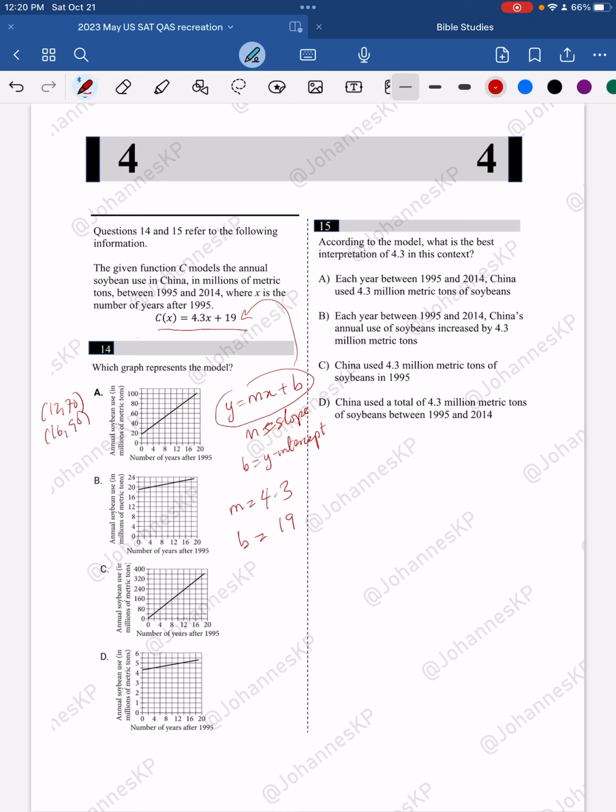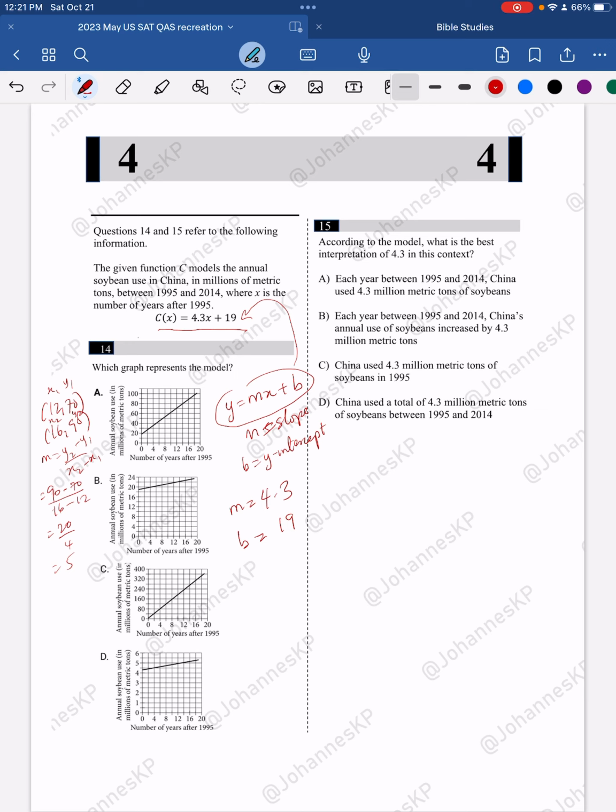All right, so we've picked two points on this graph. Now let's calculate the slope. Slope is y2 minus y1 divided by x2 minus x1. So that becomes 90 minus 70 divided by 16 minus 12. That's 20 divided by 4, which is 5. So the slope is 5, which is a bit close to 4.3.